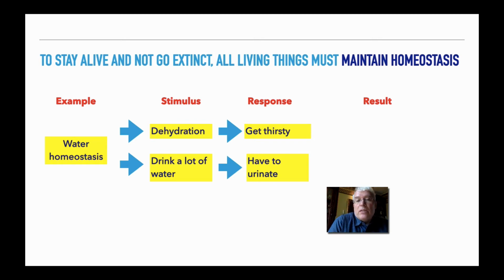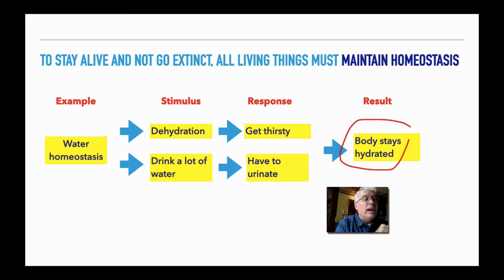Okay, so these are common sense. You know that when you get hot and dehydrated, you get thirsty. And when you drink a lot of whatever, you're probably going to have to get rid of it later on. So the result of all this is that your body stays hydrated at the correct level. Okay, so that's the connection between hydration and homeostasis.